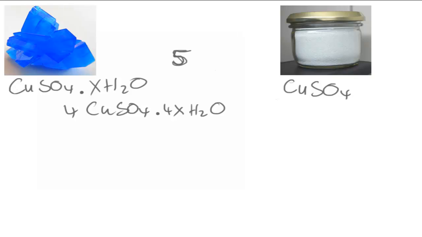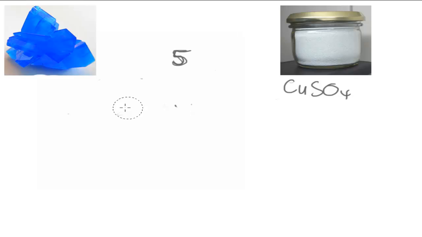So if we were to take a look at what's happening on a molecular level, and we imagine that we have the copper ions and the sulfate ions, I'll draw the copper ions as blue dots and the sulfate ions as red dots, just for effect.